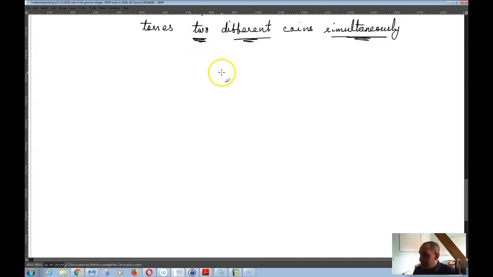For example, let's say a 1 rupee coin and the other a 2 rupee coin. What's the probability that she gets at least 1 head?